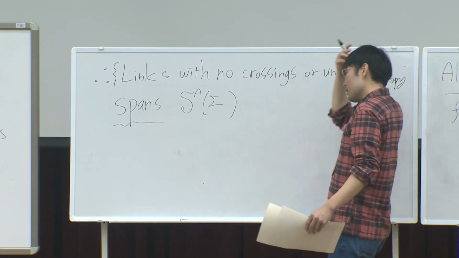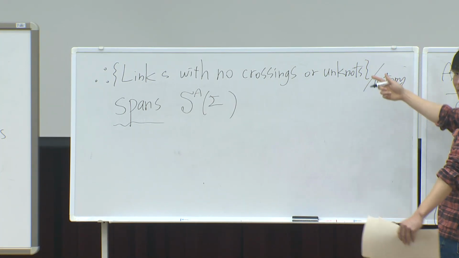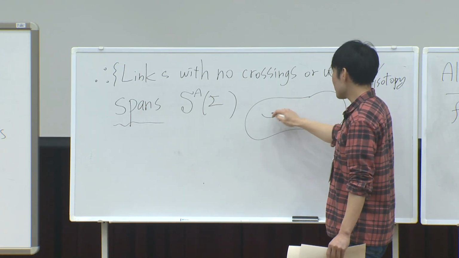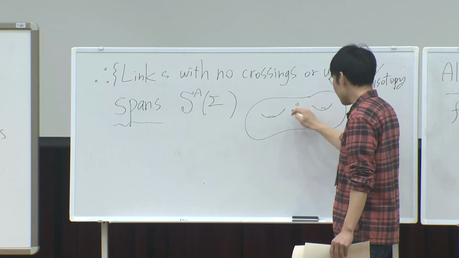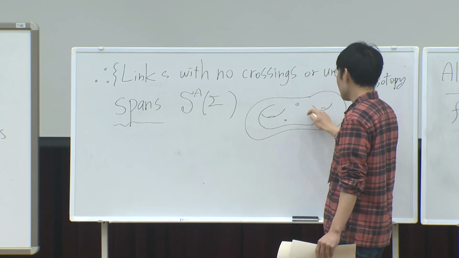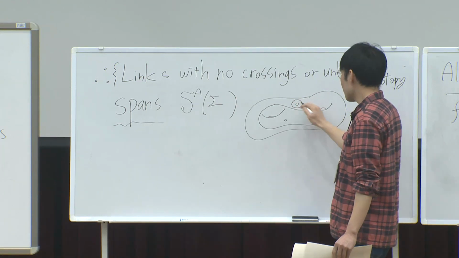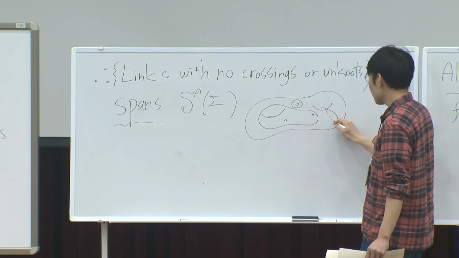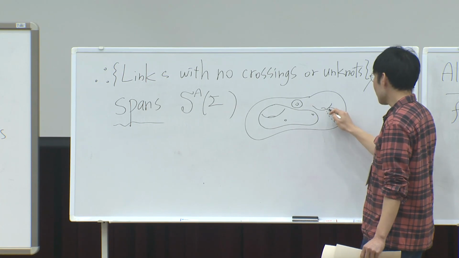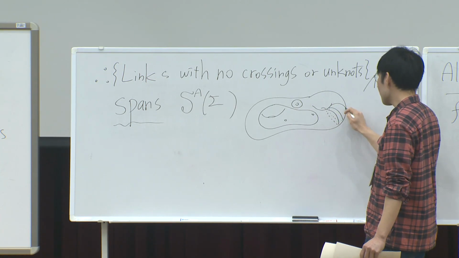So in pictures, such elements look like the following. It's a bunch of simple closed curves or simple loops, like that, that don't intersect with each other. But sometimes you can have many copies of the same component.